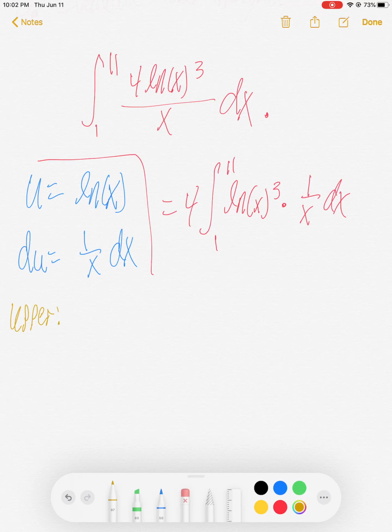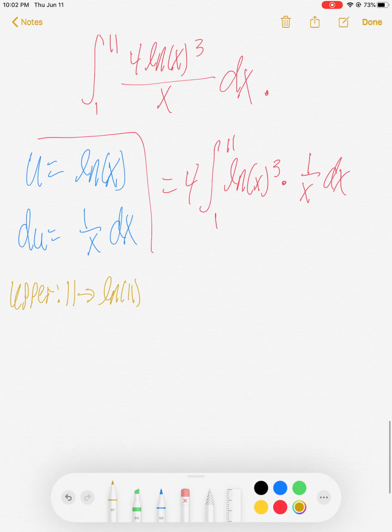But notice then that this is just ln of x cubed, times 1 over x dx. So this becomes, okay, well, let me change my bounds real quick. So upper, I'm just going to be lazy. Upper goes from 11 to ln of 11.